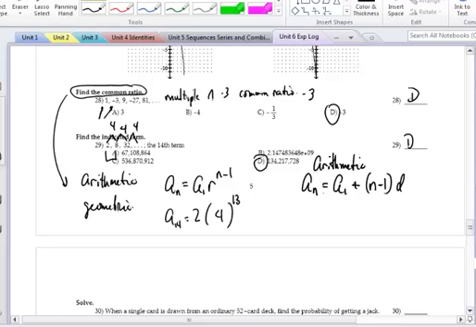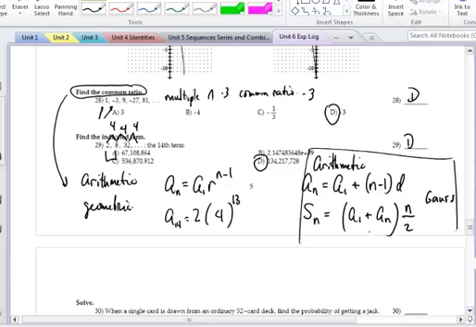And if you want to find the sum of n number of terms, then you would just take the first, add it to the last, and multiply that by the number of terms divided by 2. And this came from, I told the class a story about how Gauss added up all those numbers to avoid detention. So if you look back in your notes, you should see some equations for arithmetic, and you should see some equations for geometric.